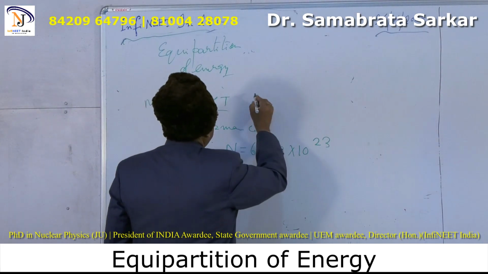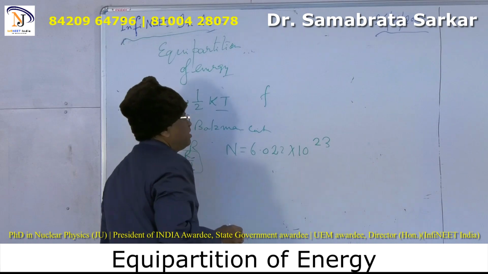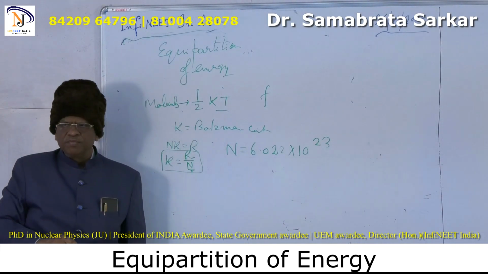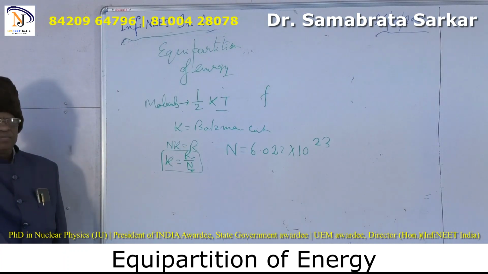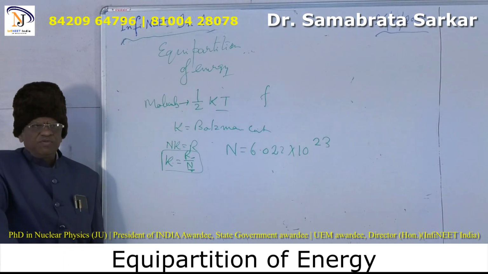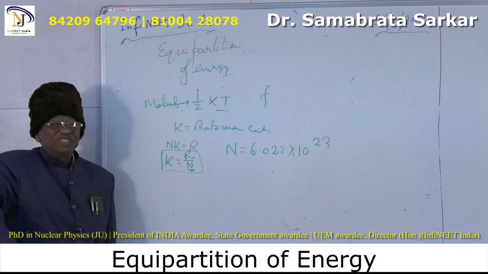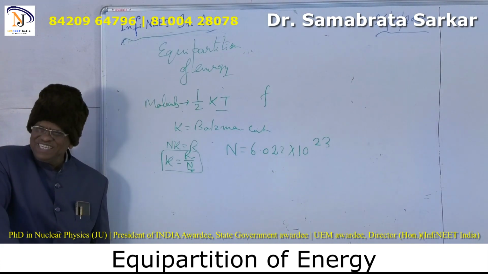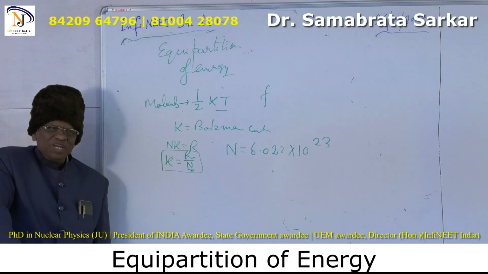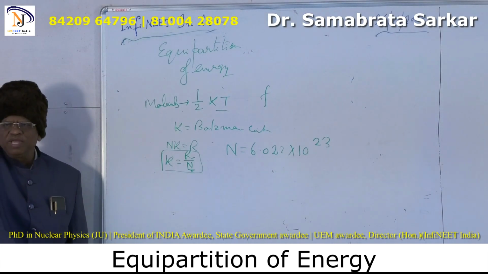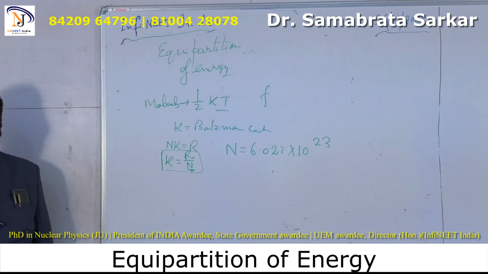Then each molecule has how many degrees of freedom? You should not say 3 or 4 if you do not know what the gas is. Say it is f. Then what should the energy be?